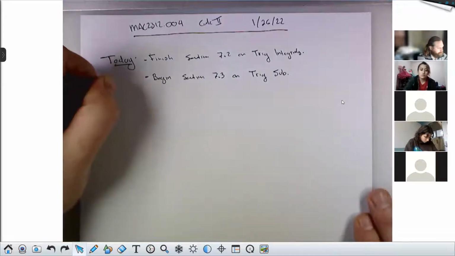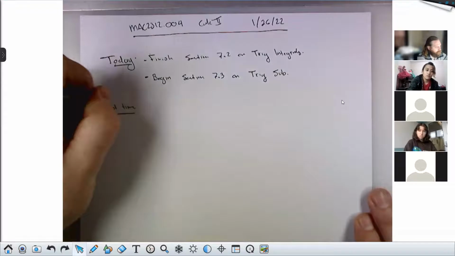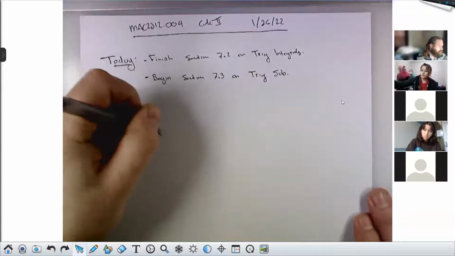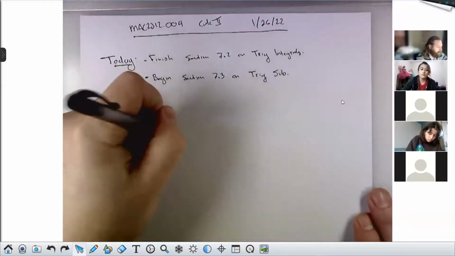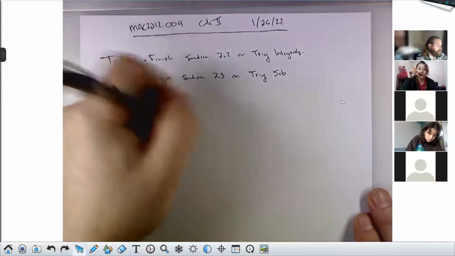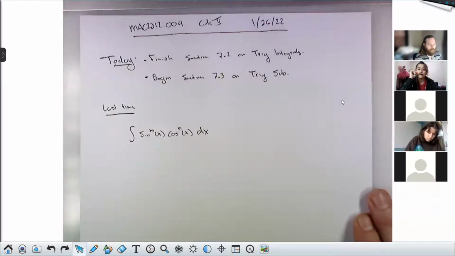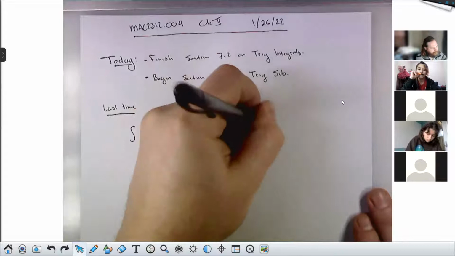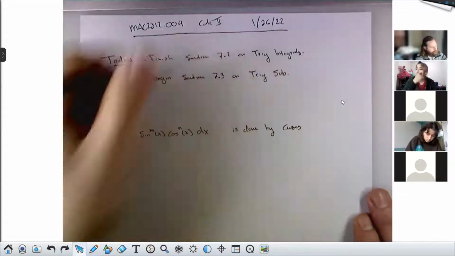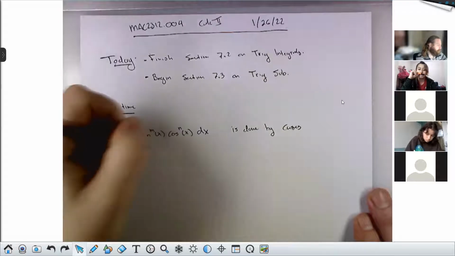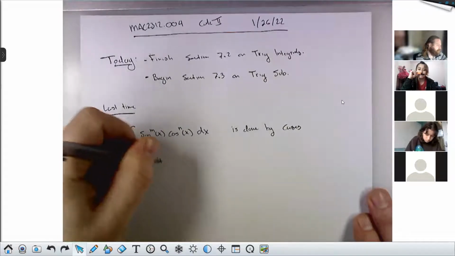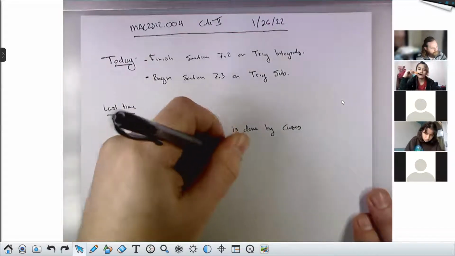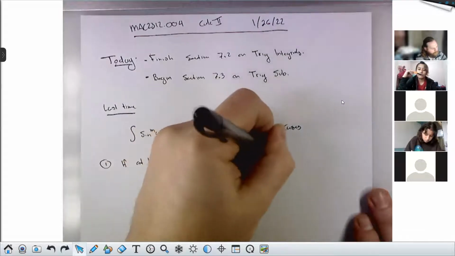Last time, we said that if you're integrating some power of sine, like sine to the m of x, times some power of cosine, like cosine to the n of x dx, we're going to consider two different cases. If at least one power is odd, then we're going to do a U sub.